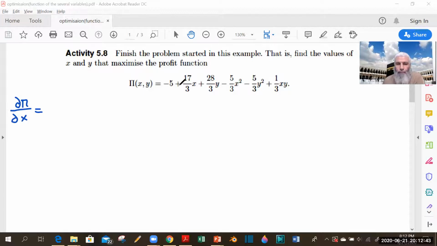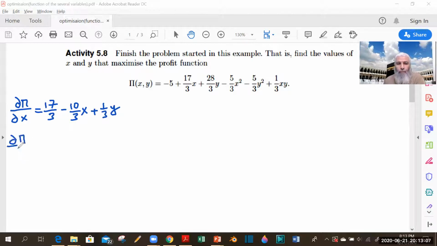So it would be 17/3 minus 5/3 multiplied by 2, which means 10/3 x, plus 1/3 y. Right.